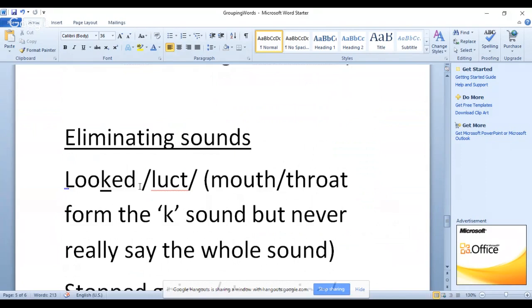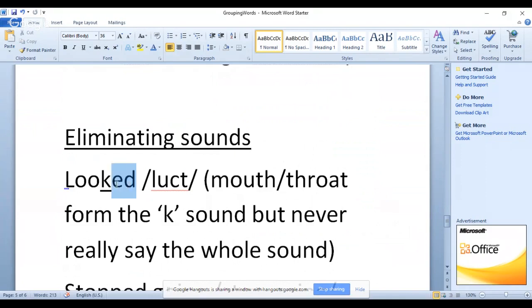My throat changes its shape when I'm going to pronounce the K part, but I don't actually say it. I go right to the T sound. And that's the most difficult part. And so again, when I'm working with someone on pronunciation, I'll say looked, and I'll actually pronounce the K because I know it's easier for them to understand.